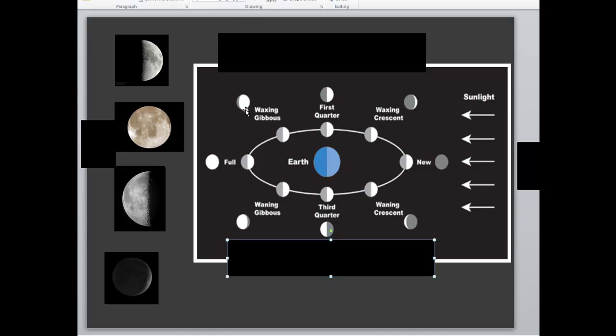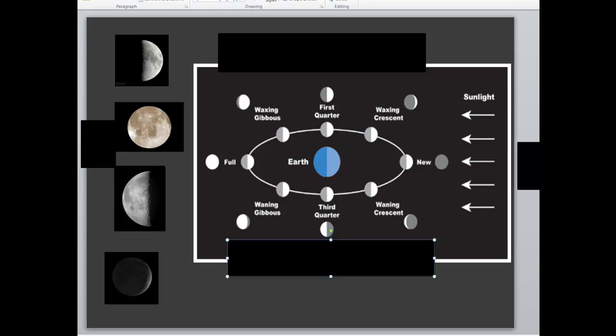I'm not quite sure, honestly, of the exact definitions, but I think it's easier to remember if you put it in those terms. Then we get our full moon, our waning gibbous, almost the full circle, waning again meaning getting smaller, and the shadow is going to cover up more of it. Here the shadow is covering up more, here the shadow is almost covering it all, and then we go back to new again.